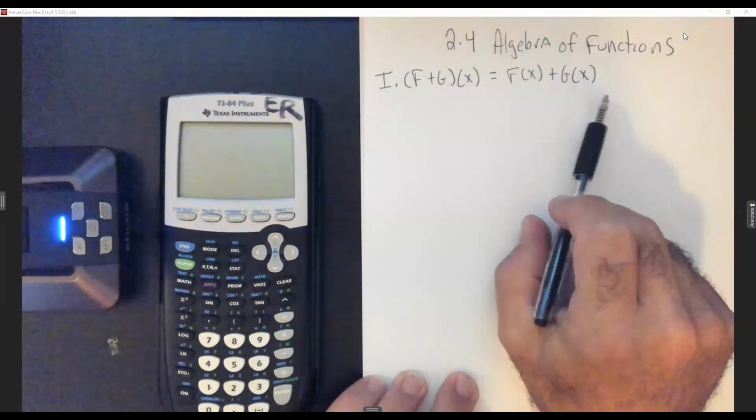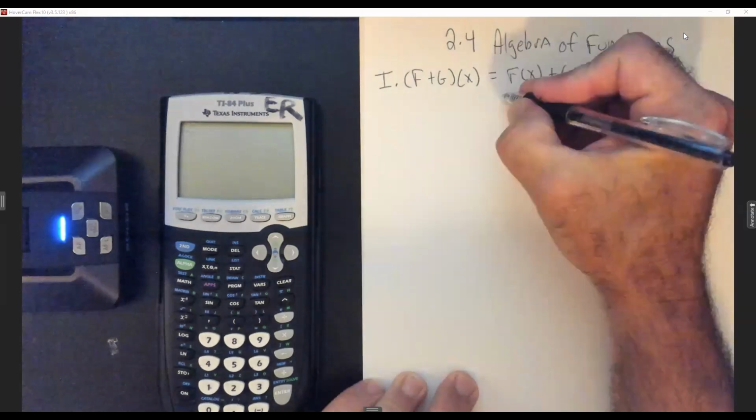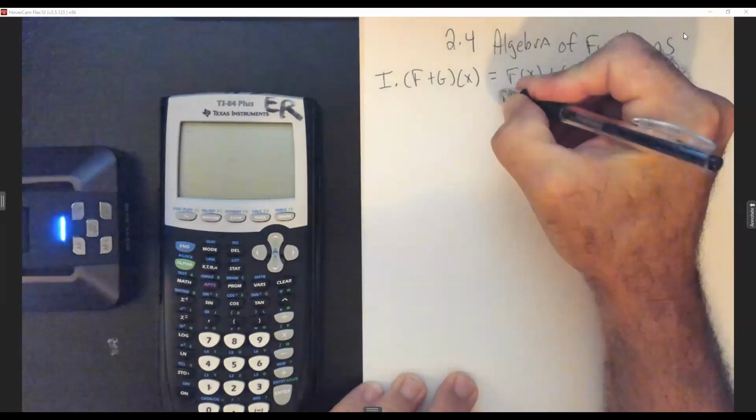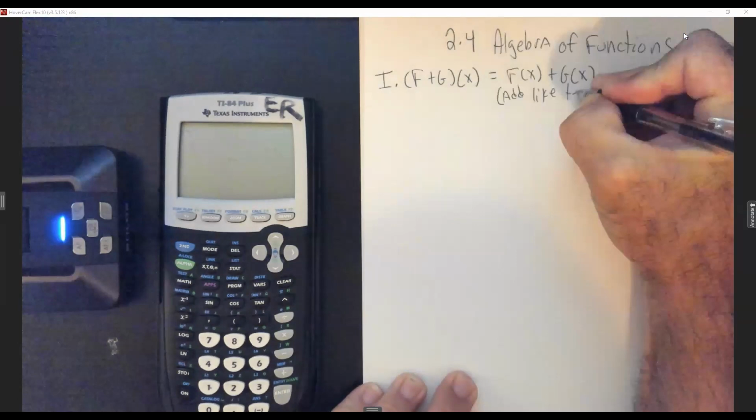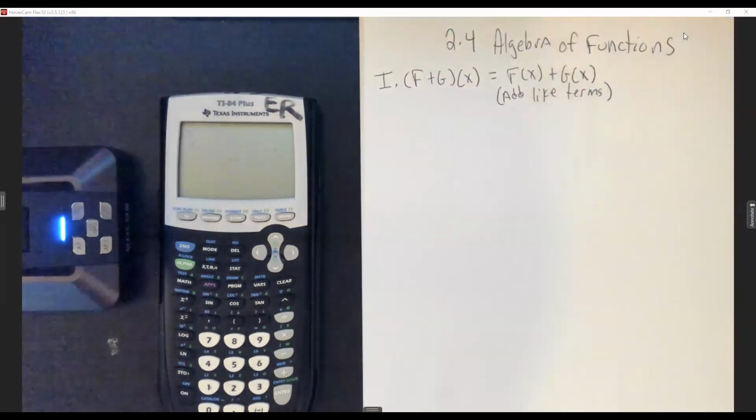And remember, when you're adding 2 functions, the only thing you can do is add like terms. Once you've added like terms, you're pretty much done.